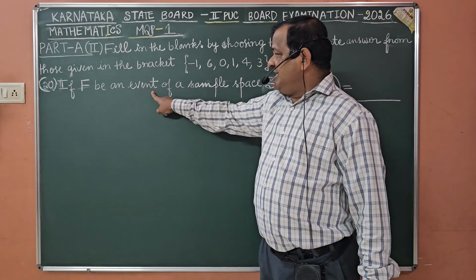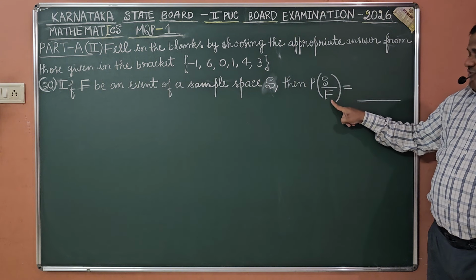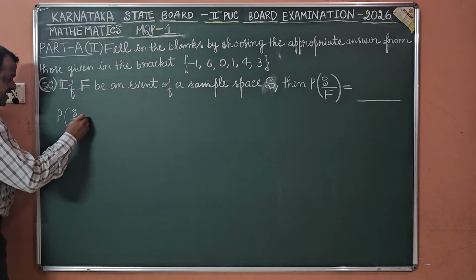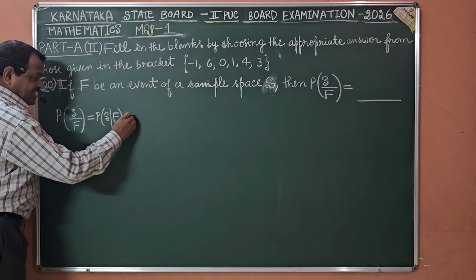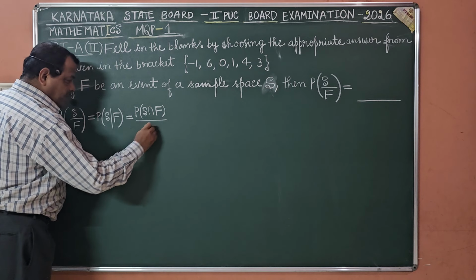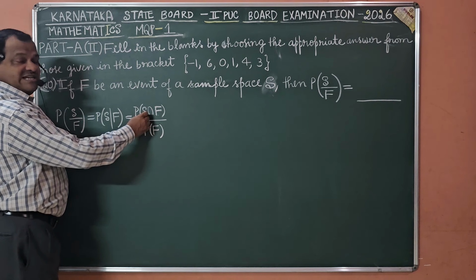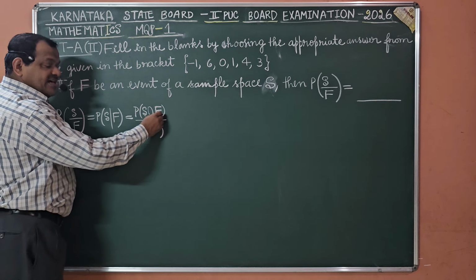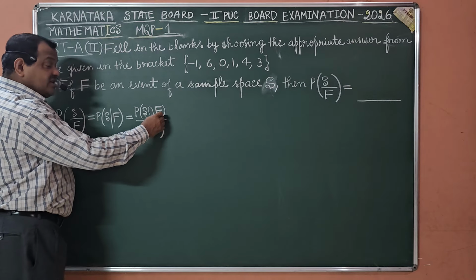If F be an event of a sample space S, then P of S given F is equal to, very easy, see the formula, P of S given F, and the formula is P of S intersection F divided by P of F. Now S is sample space, F is an event of sample space S. Therefore S intersection F, intersection means the smaller set out of S and F. The smaller set out of S and F is F. Therefore S intersection F is F itself.